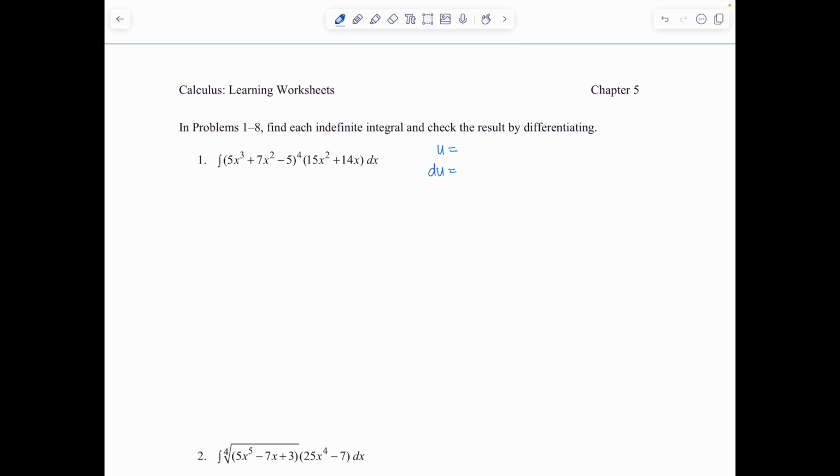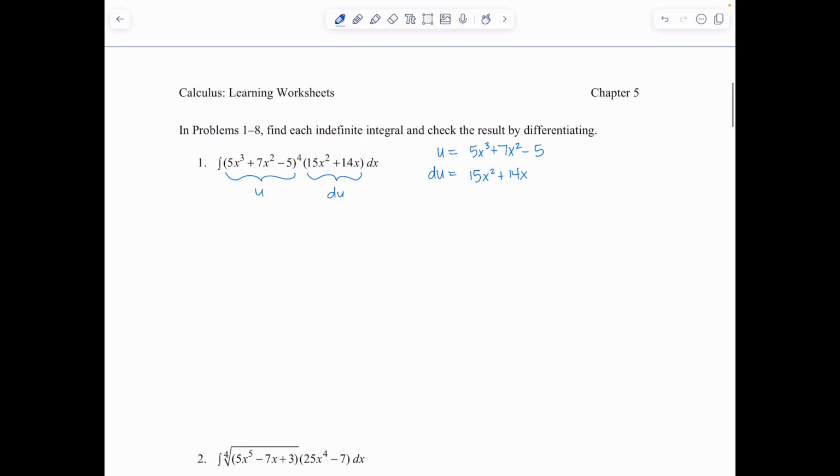Here, if I make 5x cubed plus 7x squared minus 5 my u value, and I take the derivative of that, I get 15x squared plus 14x. Well, I can see u is right here and du is right here. So that's going to be our best option.